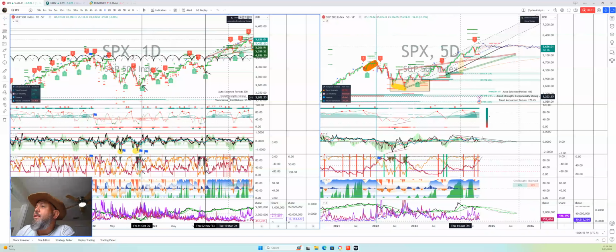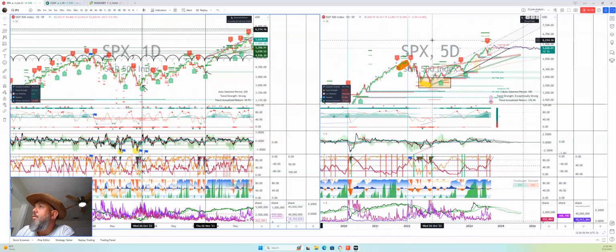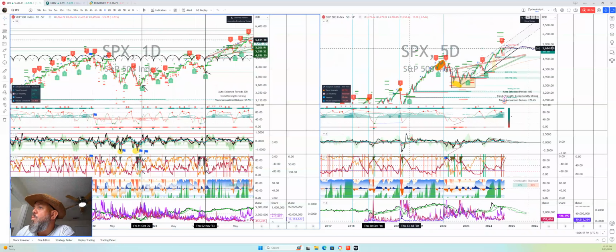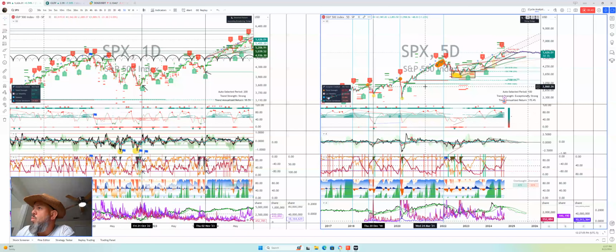And you can see here, the 5-day, right? How it spiked up over here when the pandemic dropped, right? And then over here with this bottoming phase that we were going through, right here, spiked up, right?